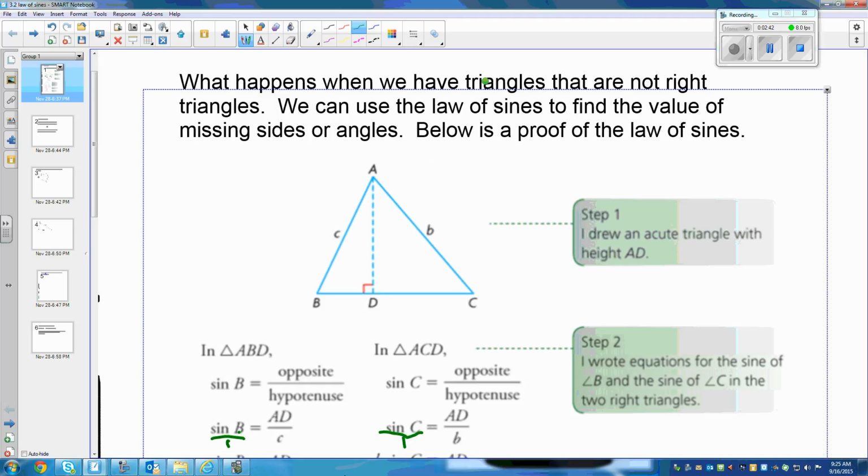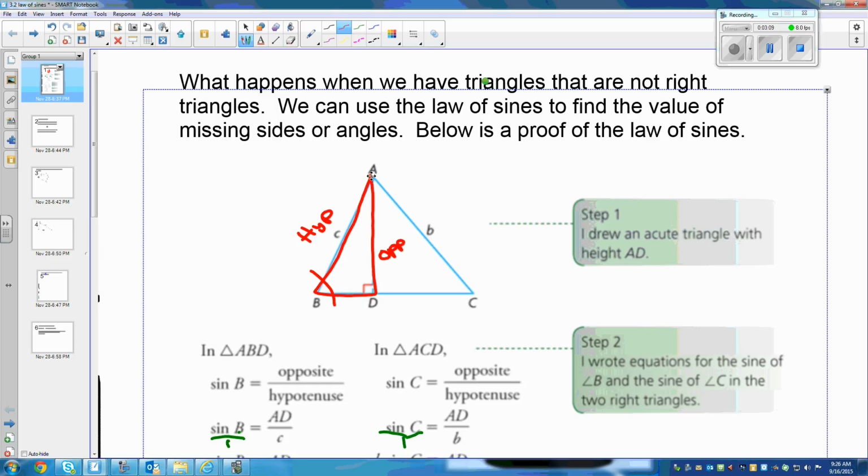In triangle ABD, if I'm looking at angle B, what's the hypotenuse side? Hypotenuse is side C. And if I'm going to use sine, what's my opposite side? AD, this height. So the height of the triangle is the opposite.